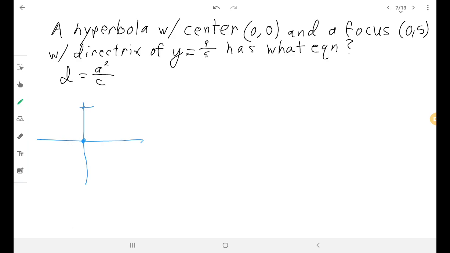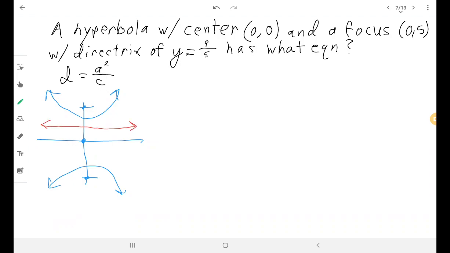Let's just put that there. And so let me put another focus point there. And that's the focus point, so the curves are going to be inside of that somewhere. And then let me put the directrix line in at y equals 9/5.